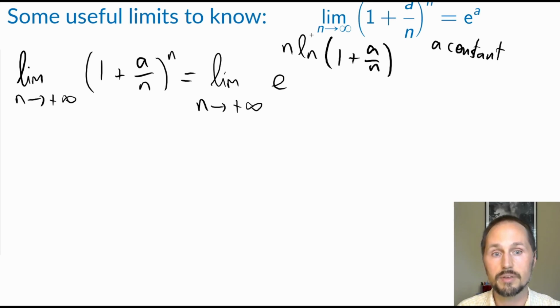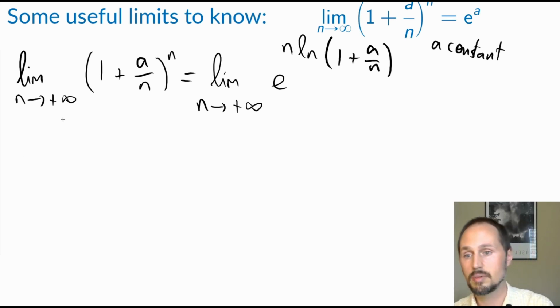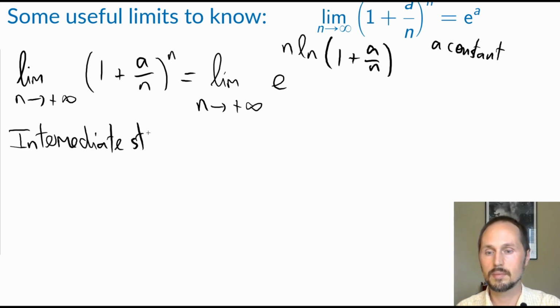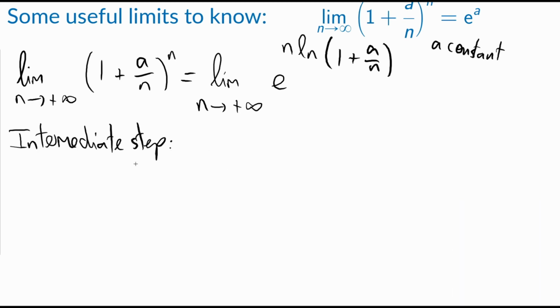And now we need to figure out what the limit of this is. So this is going to be an intermediate step where what we calculate is the limit as n goes to infinity of n natural log 1 plus a over n.